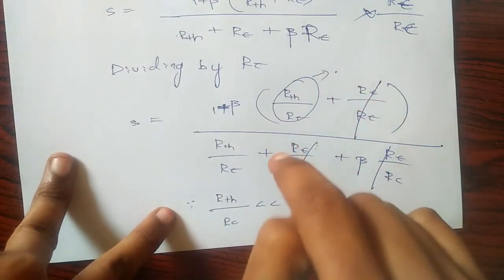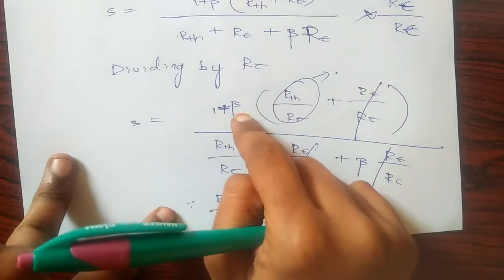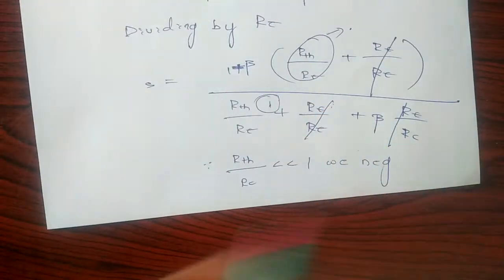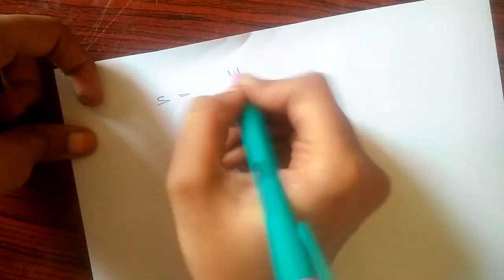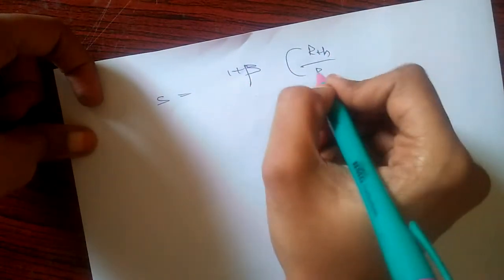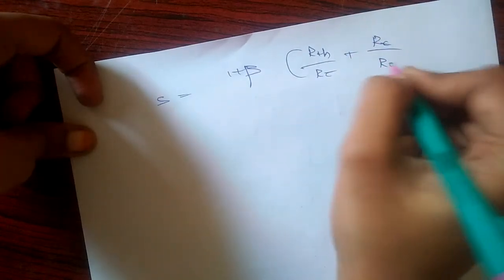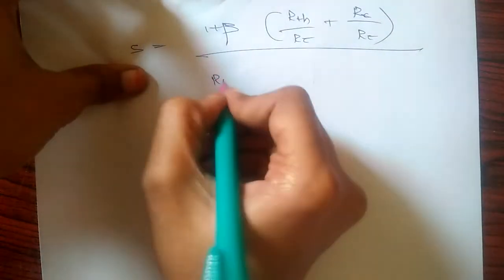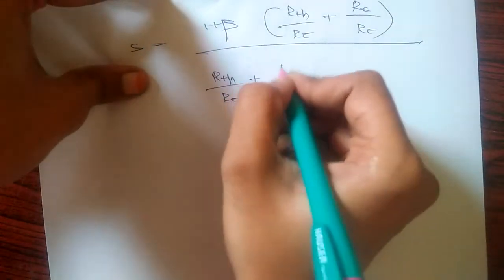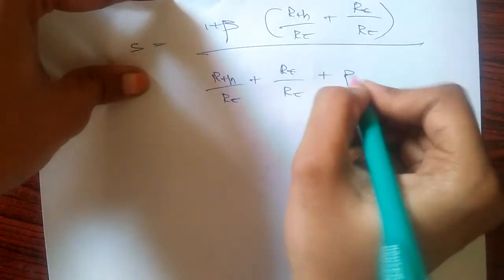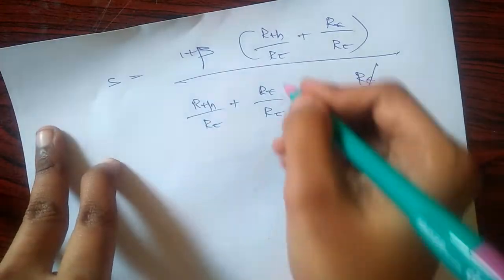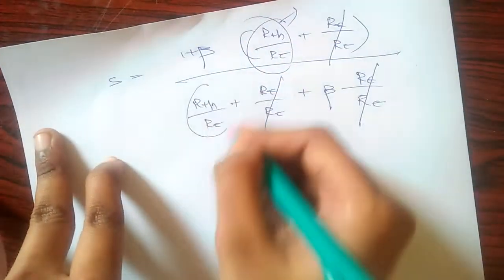Let me rewrite again: S is equal to 1 plus beta by RTH by RE plus RE by RE plus beta RE by RE. So RTH by RE is neglected.